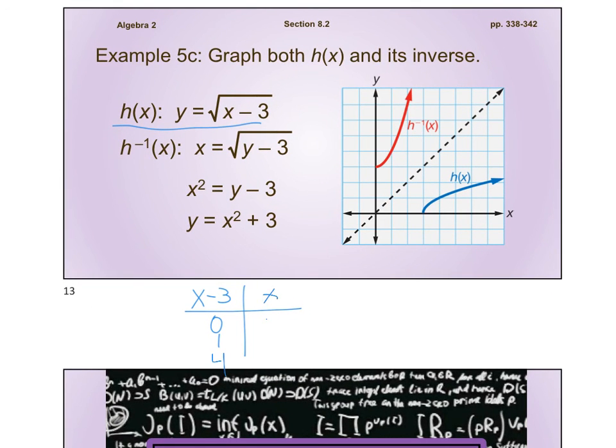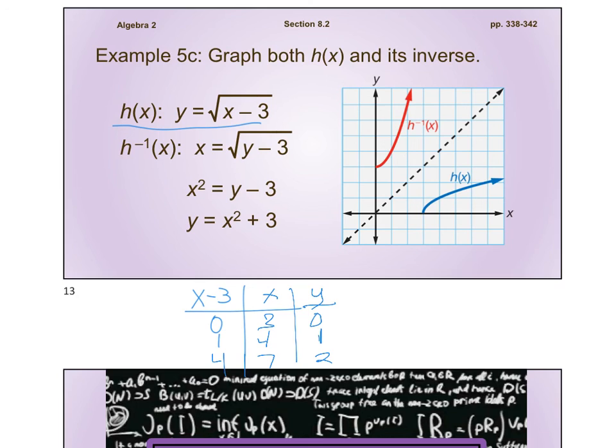So therefore, x has to be 3, 4, and 7. So what that's going to give me for y is 0, 1, and 2.